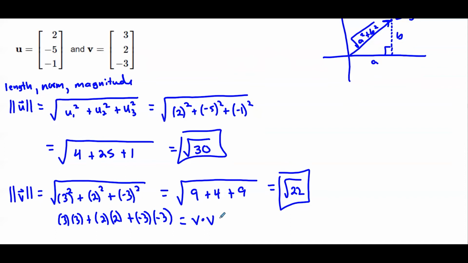So V dotted with itself is kind of its magnitude squared, and then you take the square root of that and you get the magnitude. You get the length. So in general, the magnitude of a vector is the square root of that vector dotted with itself, or inner product, if you want to call it inner product.